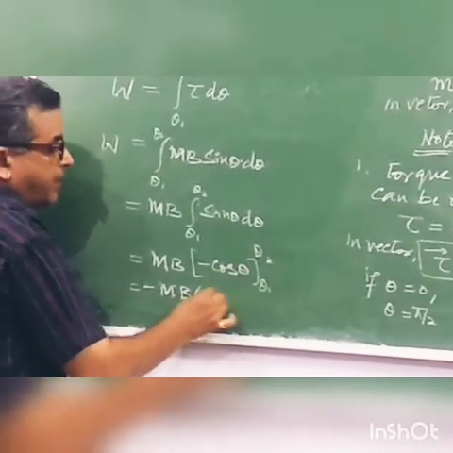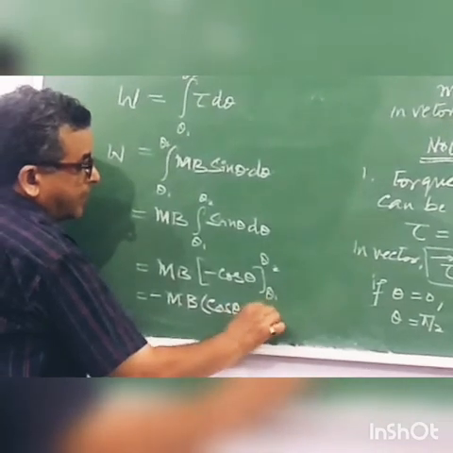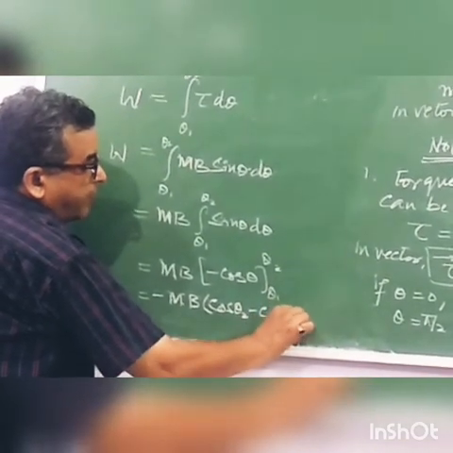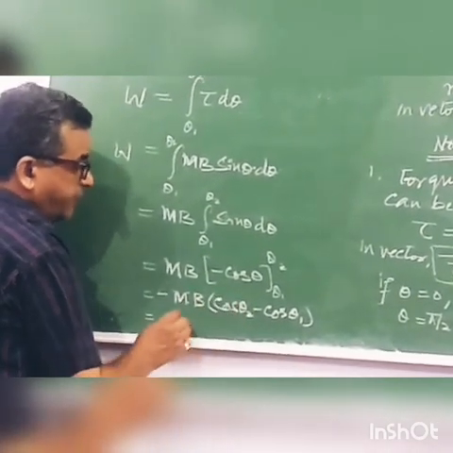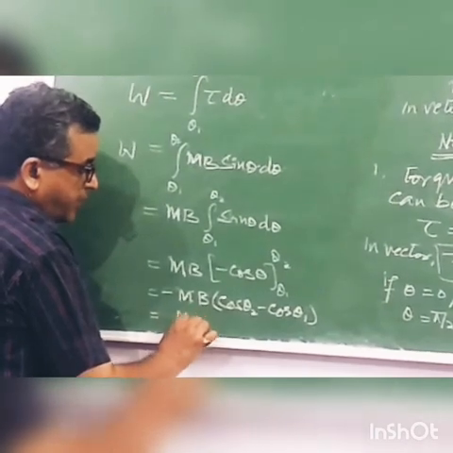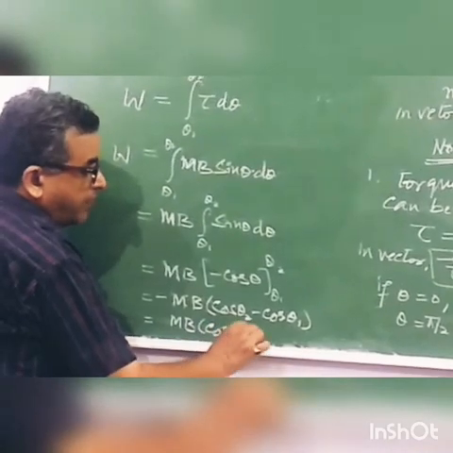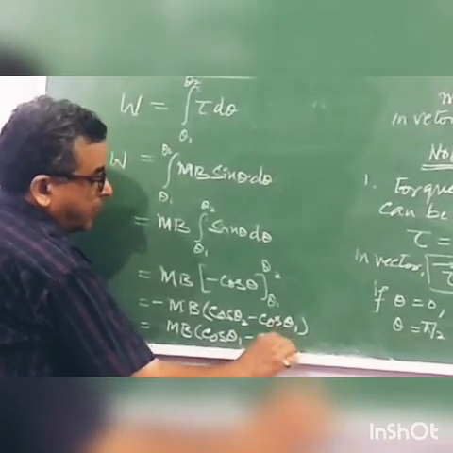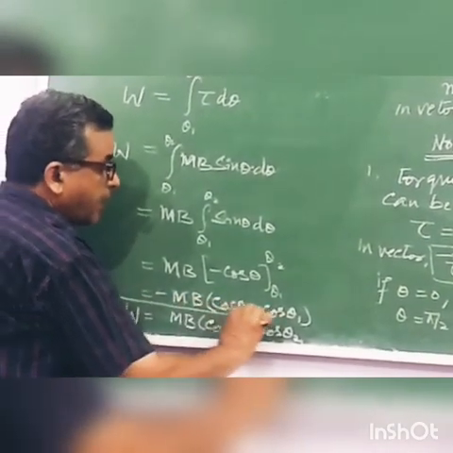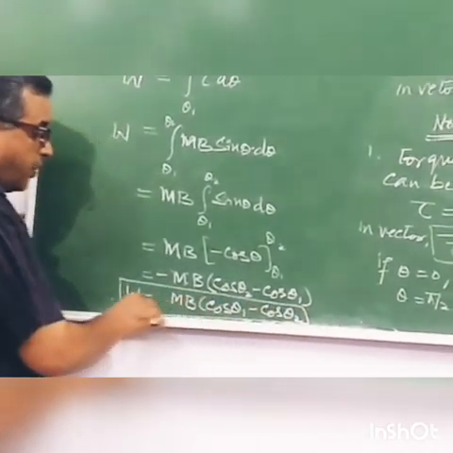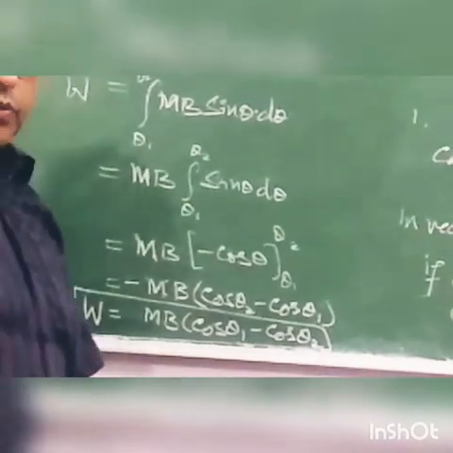Upper limit minus lower limit, it is cos theta 2 minus cos theta 1, and this minus is shifted inside the bracket. So it is MB (cos theta 1 minus cos theta 2). This is the work done in rotating the current loop in the magnetic field from angle theta 1 to theta 2.